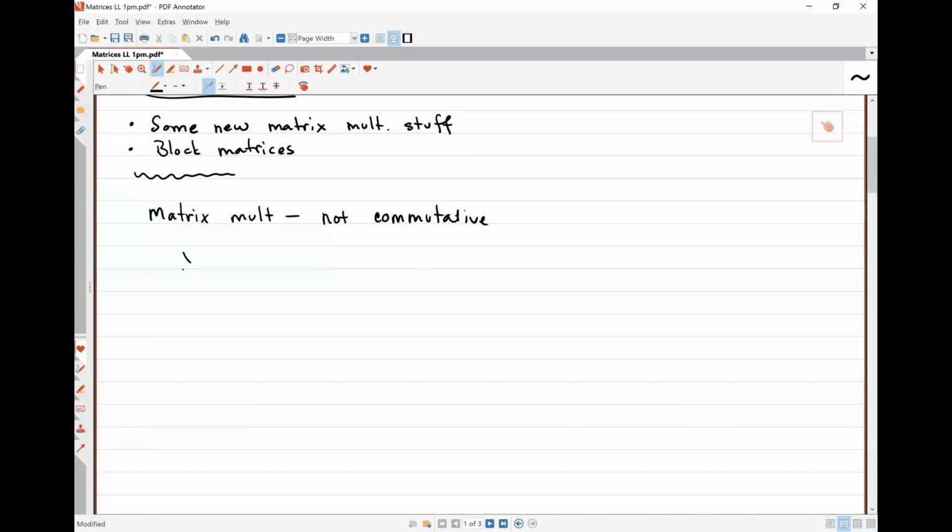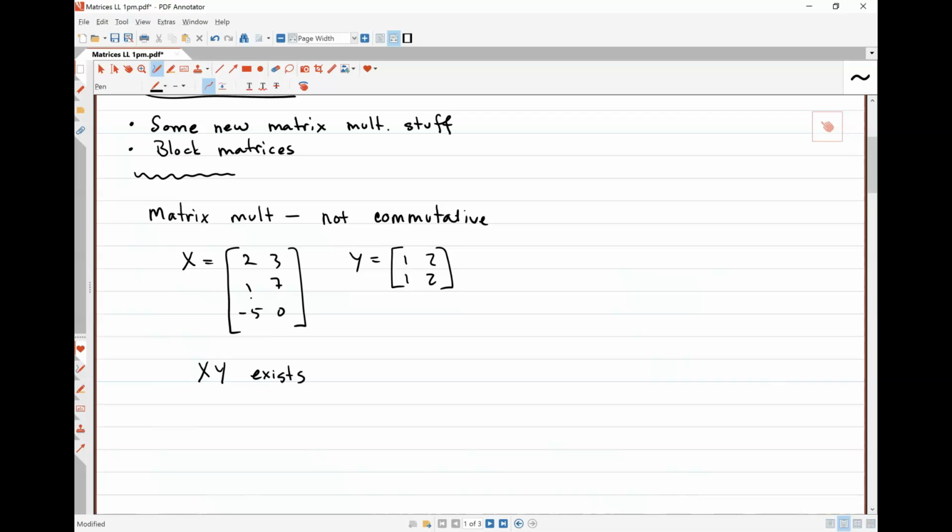So if we have some matrix x, which is 2, 3, 1, 7, minus 5, 0, and y is 1, 2, 1, 2, you can take the product of these two matrices, x times y, that exists, right?